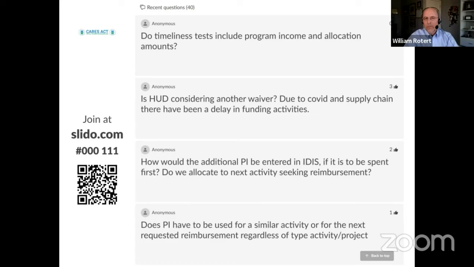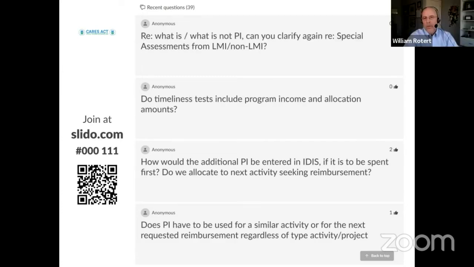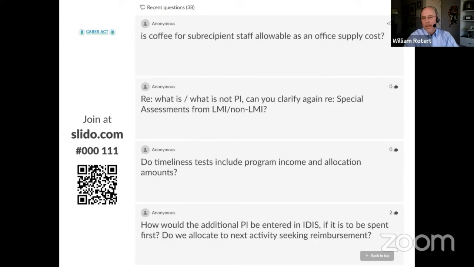I think regardless of what kind of waiver they're asking about, that's probably not a question that we can speak to. Correct. And I take that question to be directed toward the regular CDBG timeliness test, where HUD has already indicated that they will take a careful look at that given the overall circumstances. So you're right, there's not an absolute answer to that at this point.